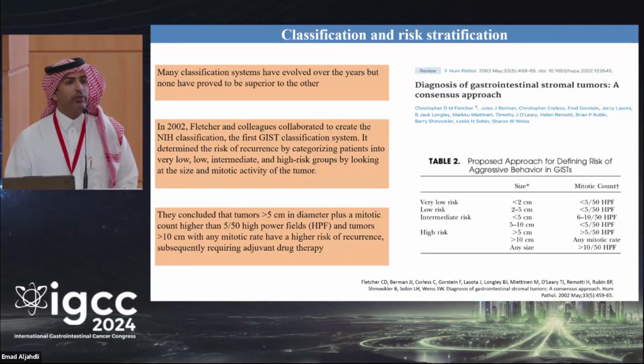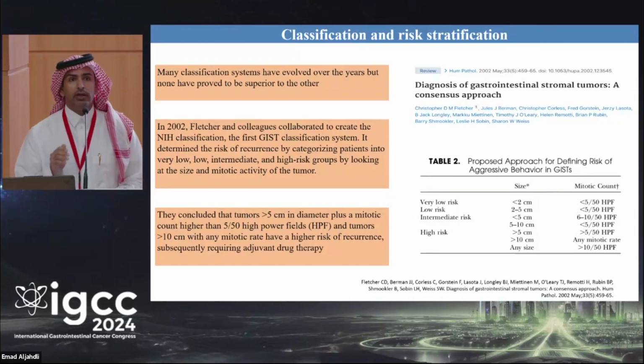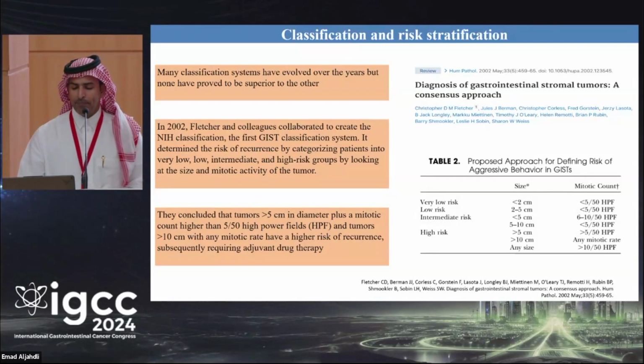They concluded that more than 5 centimeters with more than 5 mitoses per 50 high power fields carries higher risk features, and any tumor more than 10 centimeters carries a high risk and probably requires adjuvant therapy.